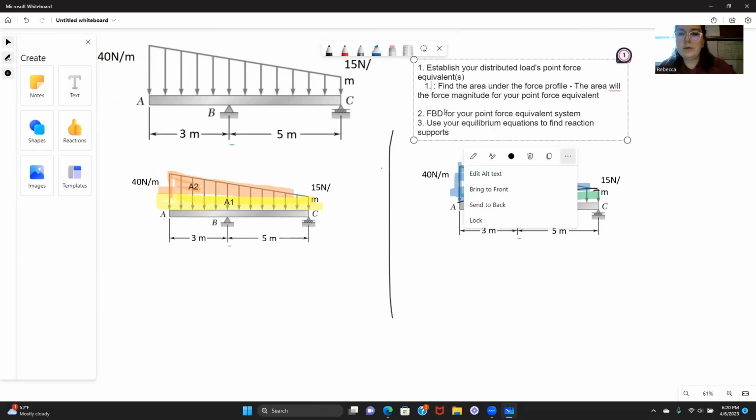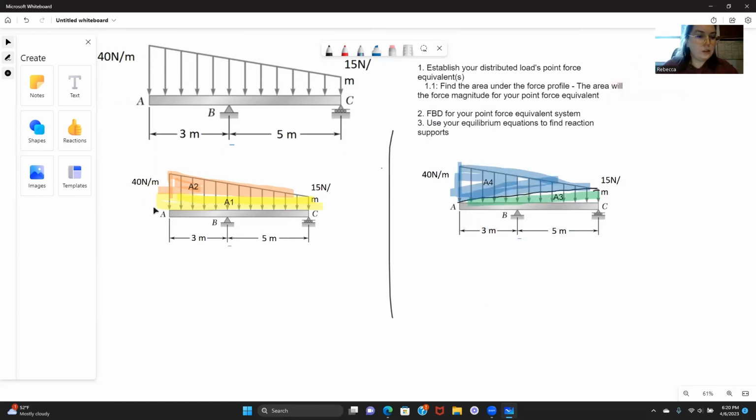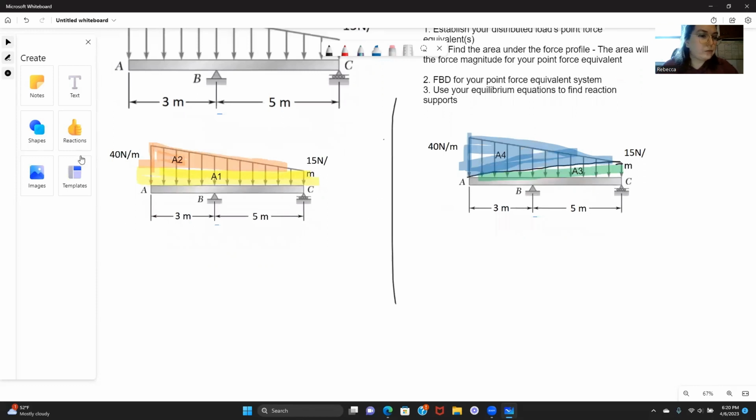Let's start with that over here. We're going to have A2, the area. Let's start with A1. For A1, the area is going to equal the base times the height. So we're looking at this bottom rectangle.